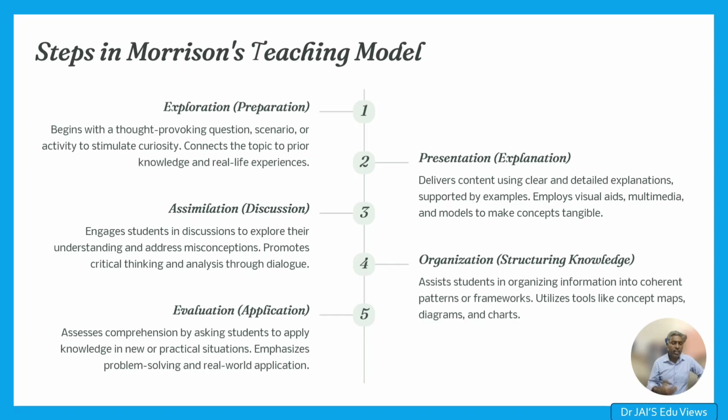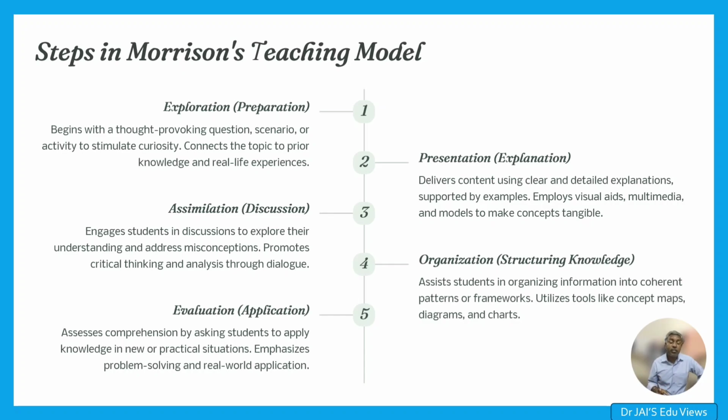And finally, evaluation is nothing but application. Whenever learning takes place, the application part is very essential to test whether the learning has properly reached the learners or not. So for that, we ask students to apply knowledge in new situations or practical situations.